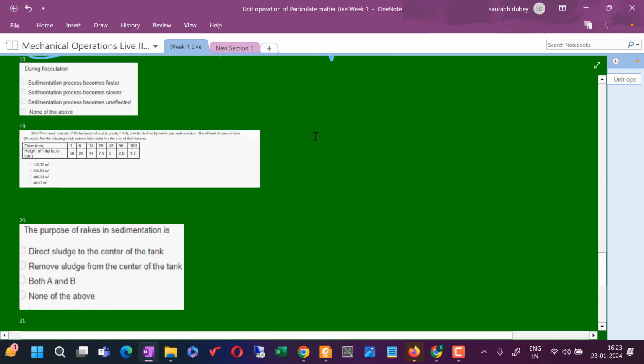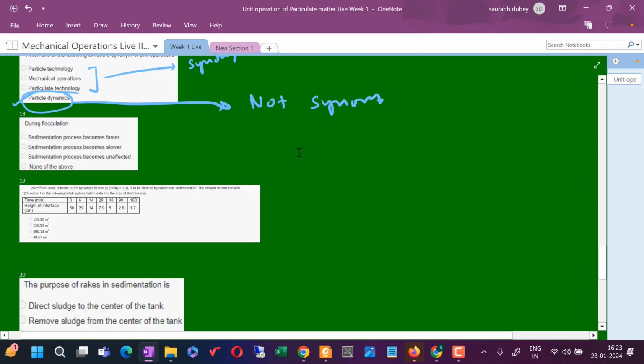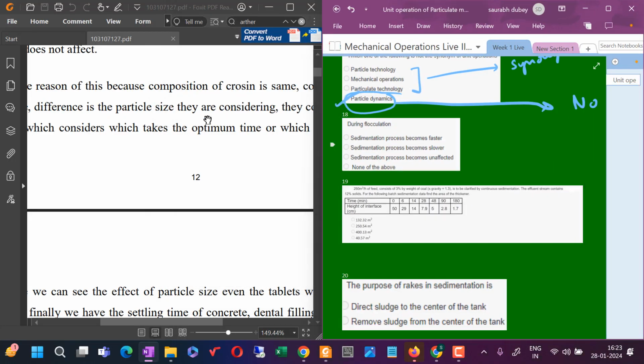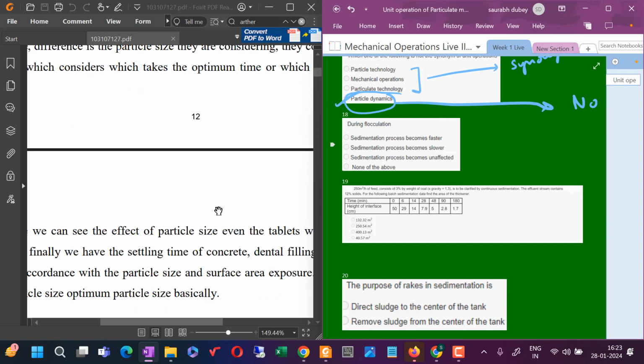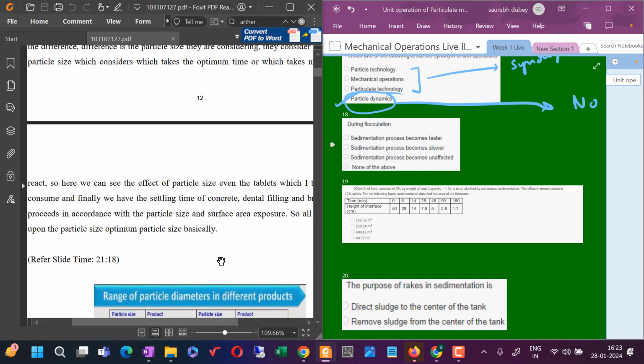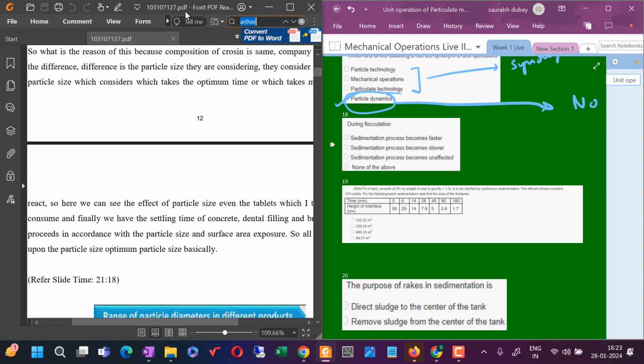During flocculation, what actually happens is that two small particles clinch together in order to become a larger particle, and then the separation happens.